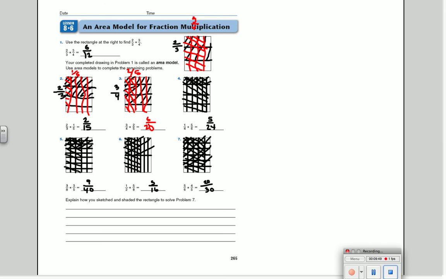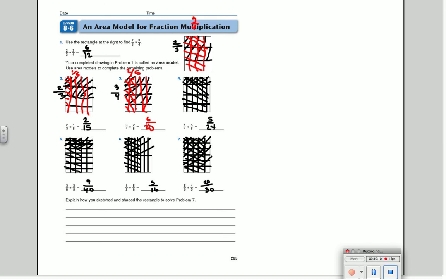For number 5, I got 9/40. Check my shading in. I know it's messy. It was very hard to do on the computer. Number 6 is 5/16, and number 7 is 20/30. Before you get that study link, if you don't understand how to shade, ask. It's just something you need to know, okay?